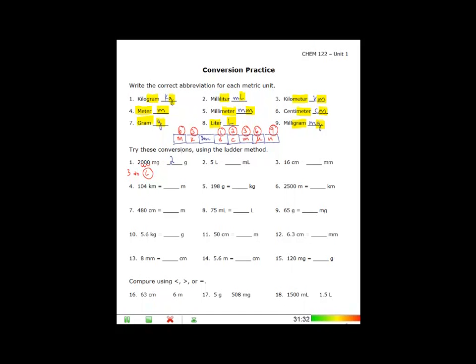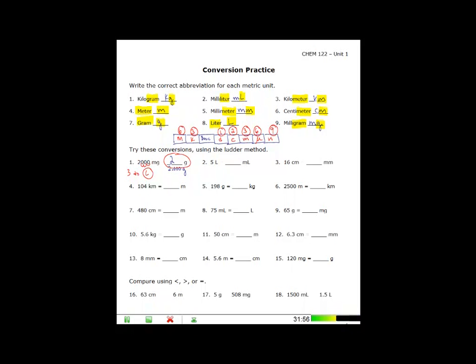Later on, when we learn about significant figures, we'll learn whether to keep these zeros or to leave them. If you write the number 2 like this, for now it's fine, or like this, it's fine. We'll end up finding out which is the correct answer based on sig figs, but don't worry about that now.